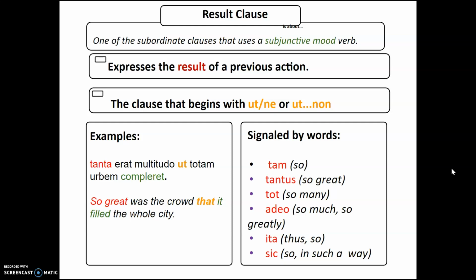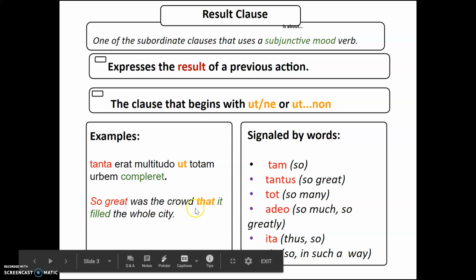Tanta erat multitudo ut totam urbem compleret, which means tanta, so great, erat multitudo, was the crowd, ut, that, urbem compleret, it filled the whole city. The fact that it filled the whole city was the direct result of the crowd being so great or so big. And you'll notice that ut here is translated as that.